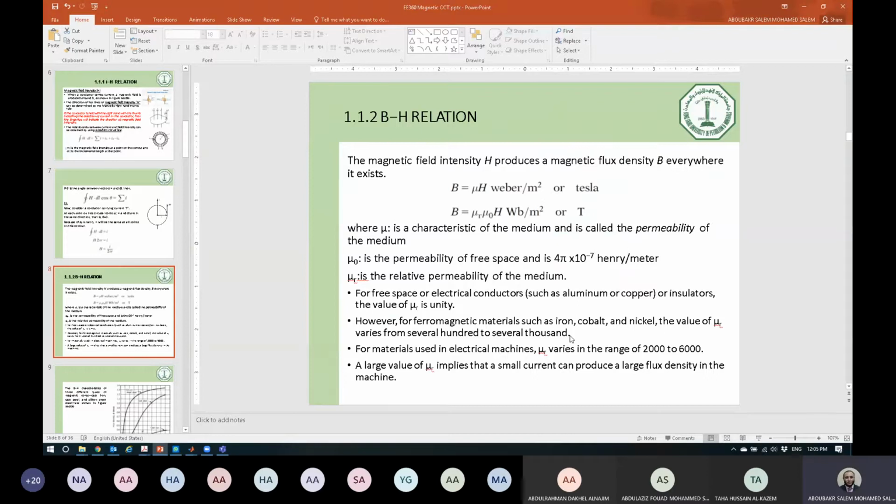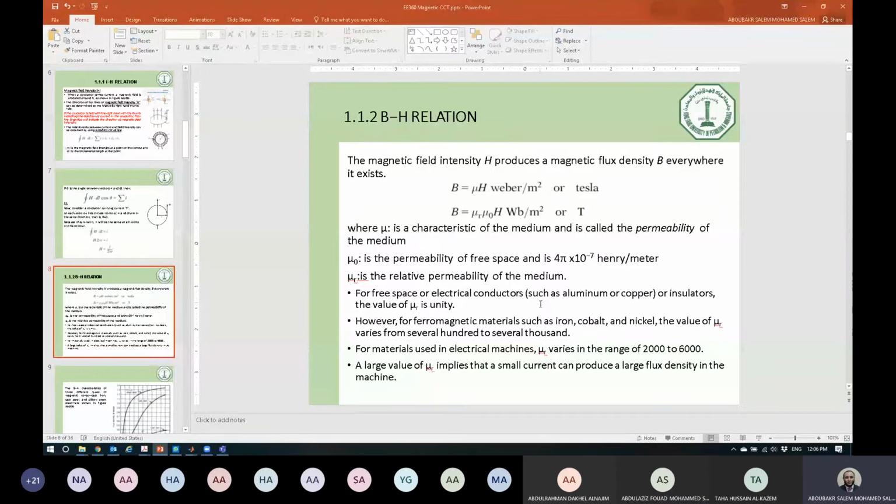We discussed also the BH curve and the relation between flux density and flux intensity. And we described the meaning of permeability, and we agreed together that we have the global permeability, which is equal to the relative permeability multiplied by the absolute permeability. And also we defined the absolute permeability, which is the permeability of free space.